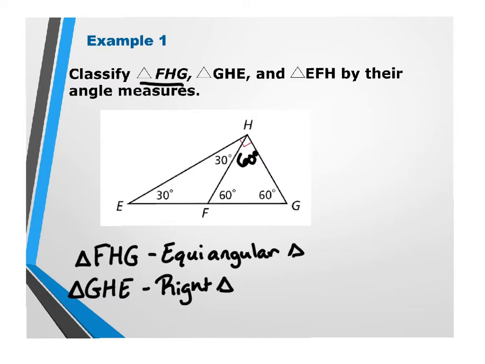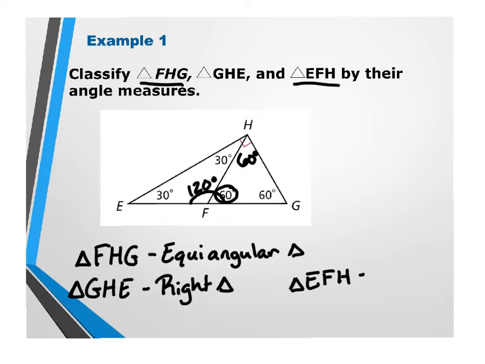Now our last one that we're going to name is EFH. So let's find this triangle. For EFH, knowing this entire angle measurement is 180, after subtracting 60 from 180, we have 120 degrees.